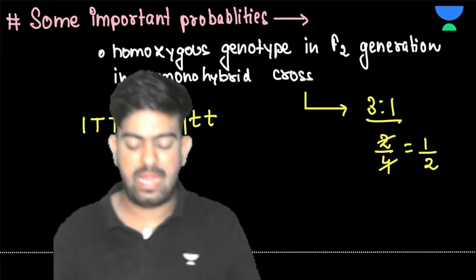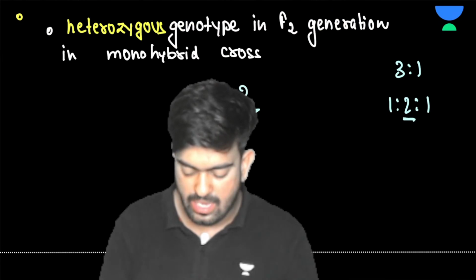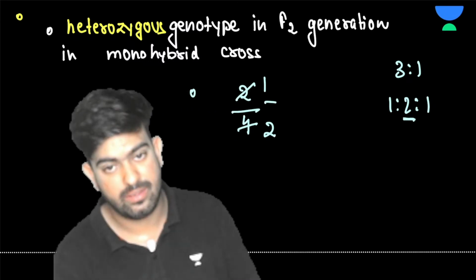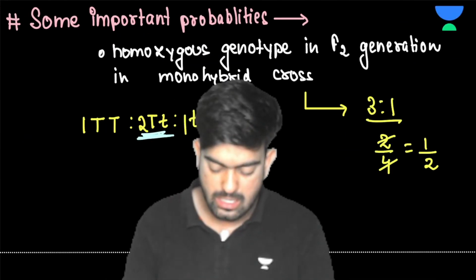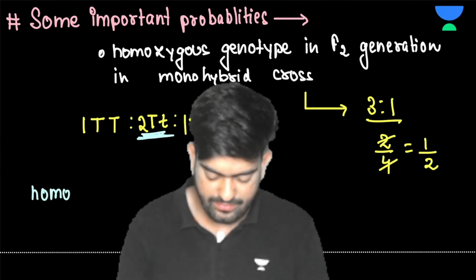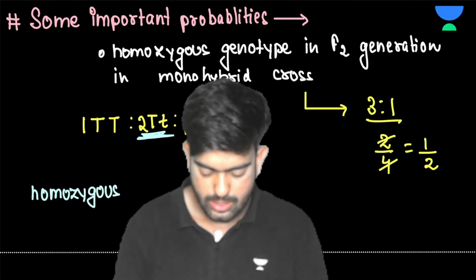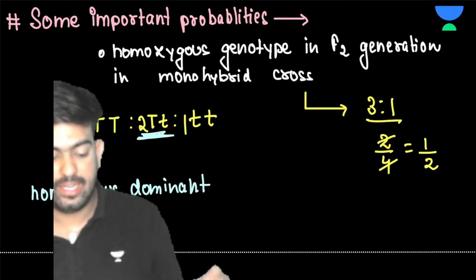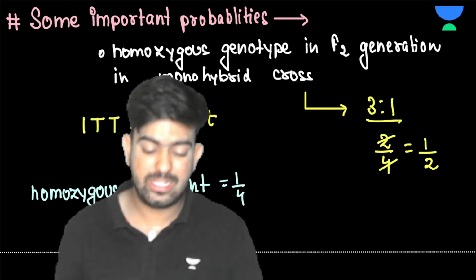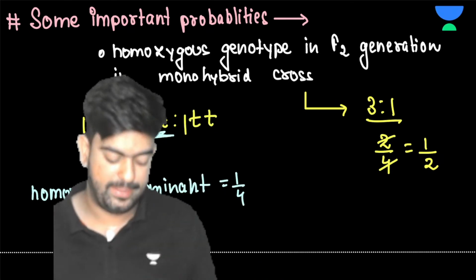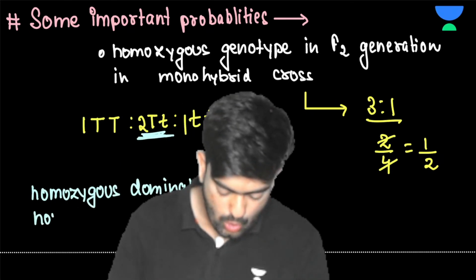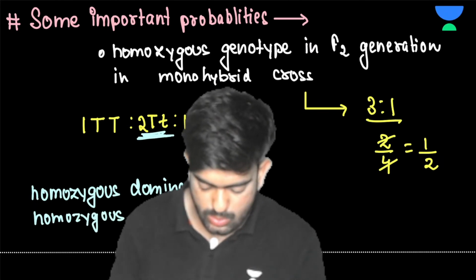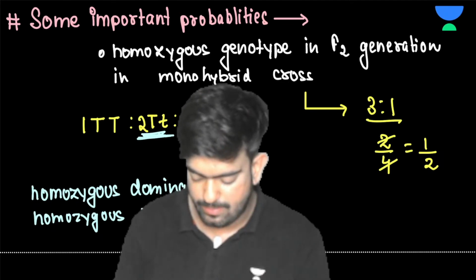Among 4, 2 plants are like this. So again we have got 1/2 as our ratio. Remember that if they are asking homozygous dominant, it will not be 1/2, rather it will be 1/4, because homozygous dominant is only capital T and capital T. And if I'm talking about homozygous recessive, then it will also be 1/4.